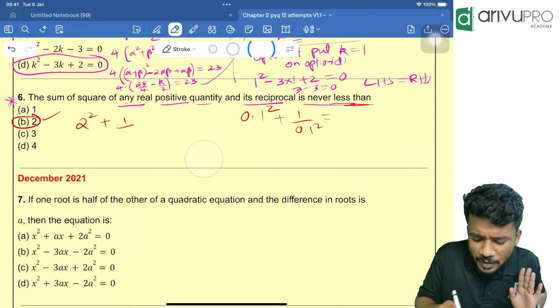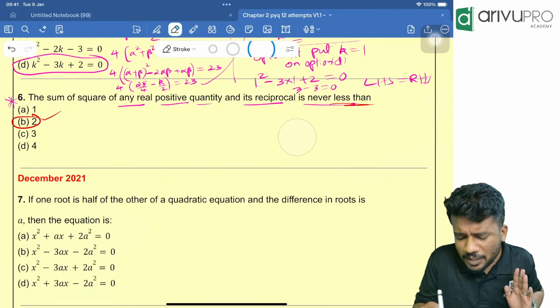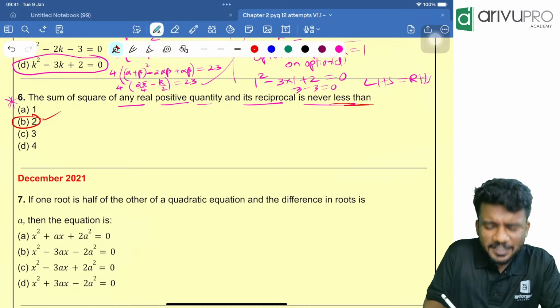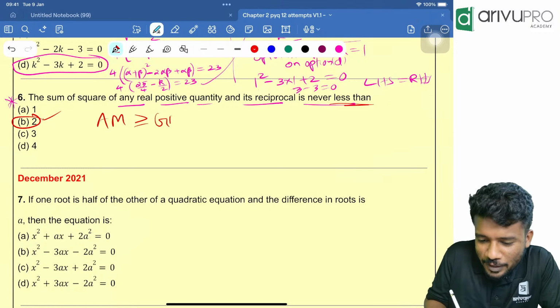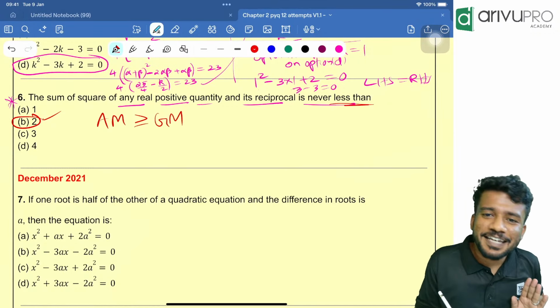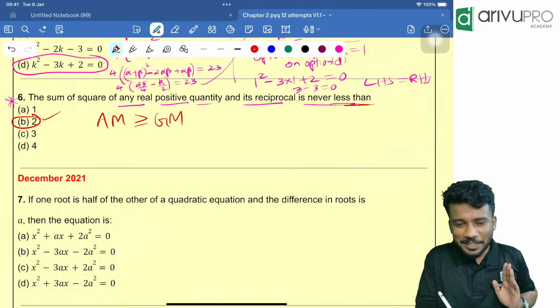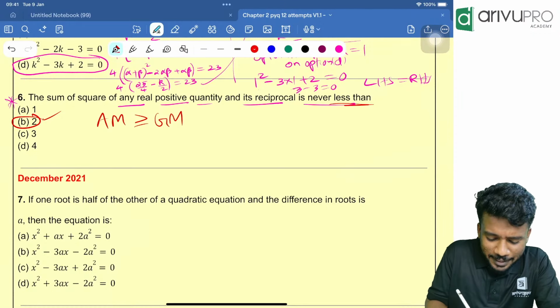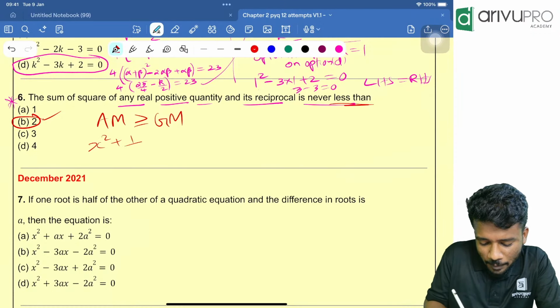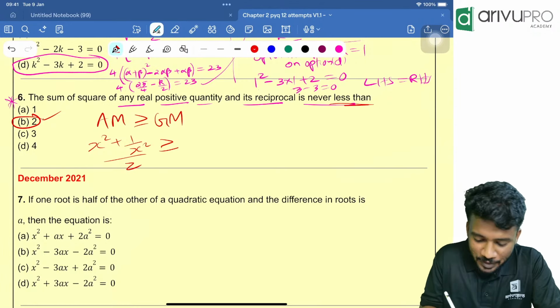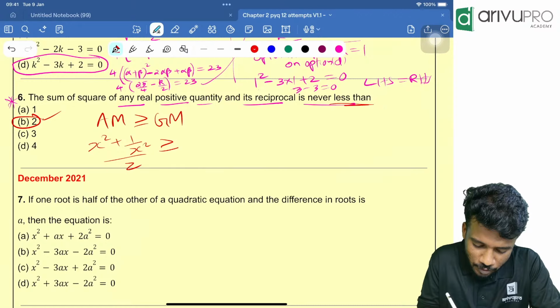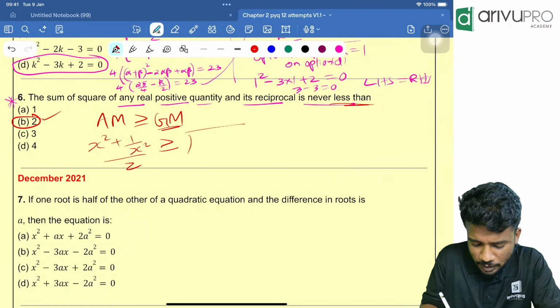That is the shortcut way of solving this condition, or you should know the condition by heart. But if you are solving it normally, you should take it in the normal way, which we are studying in our chapter 14. AM is greater than or equal to GM, arithmetic mean is greater than or equal to geometric mean. The arithmetic mean of x square and 1 by x square, that is (x square plus 1 by x square) divided by 2, is greater than or equal to the geometric mean, root of x square into 1 by x square.